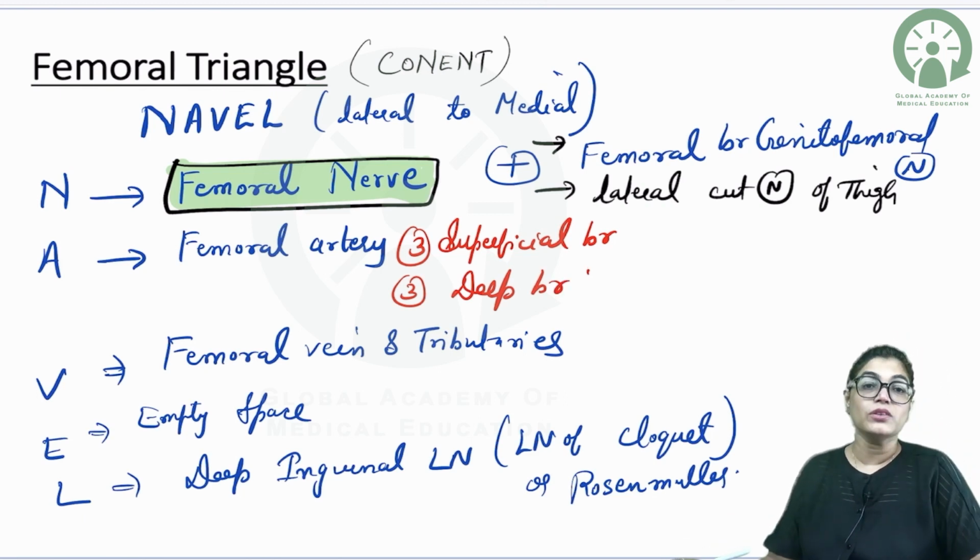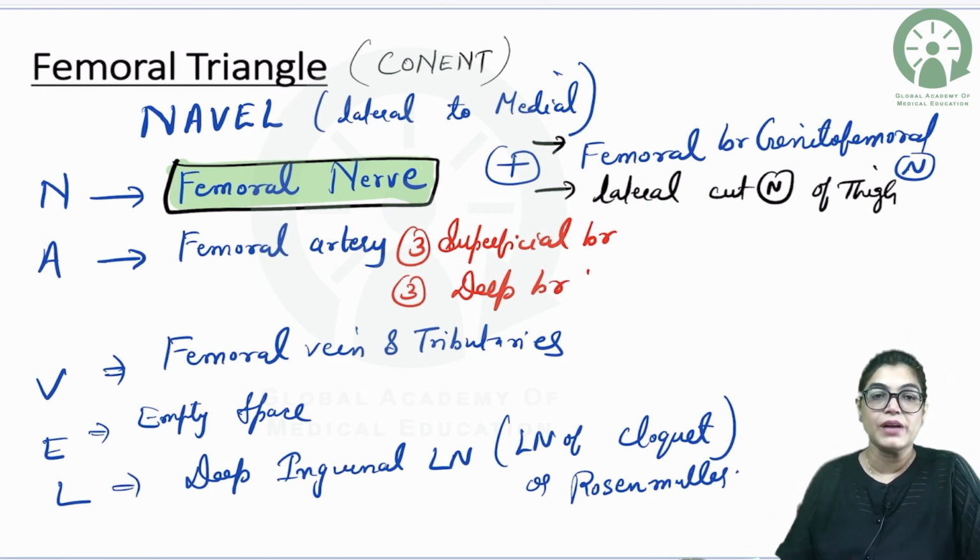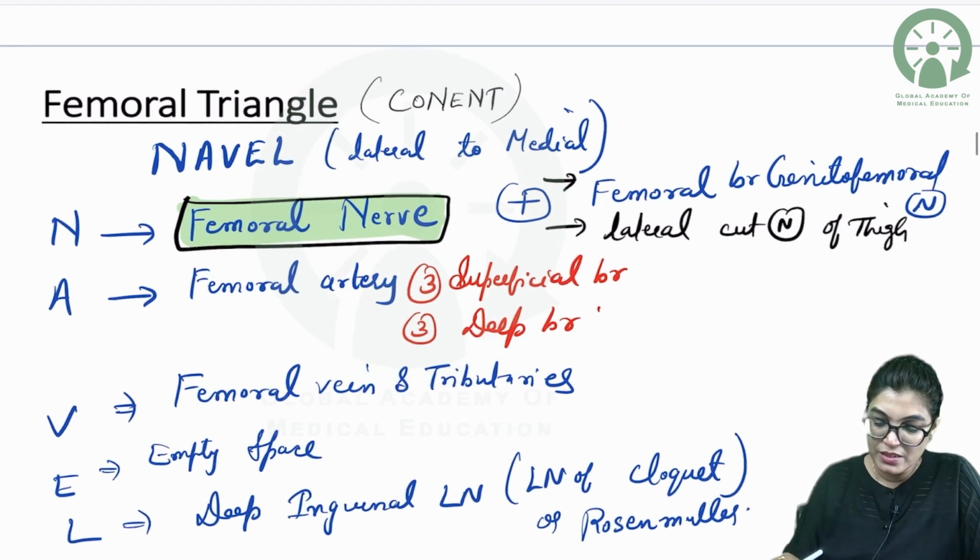I will write down the 3 superficial and 3 deep branches separately, because there is less space here. Femoral vein and tributaries, empty space, deep inguinal lymph node. That means deep inguinal lymph node is the medialmost content of femoral triangle, located in the medialmost part, femoral canal, and it is also called lymph node of Cloquet or Rosenmuller. So please write down.